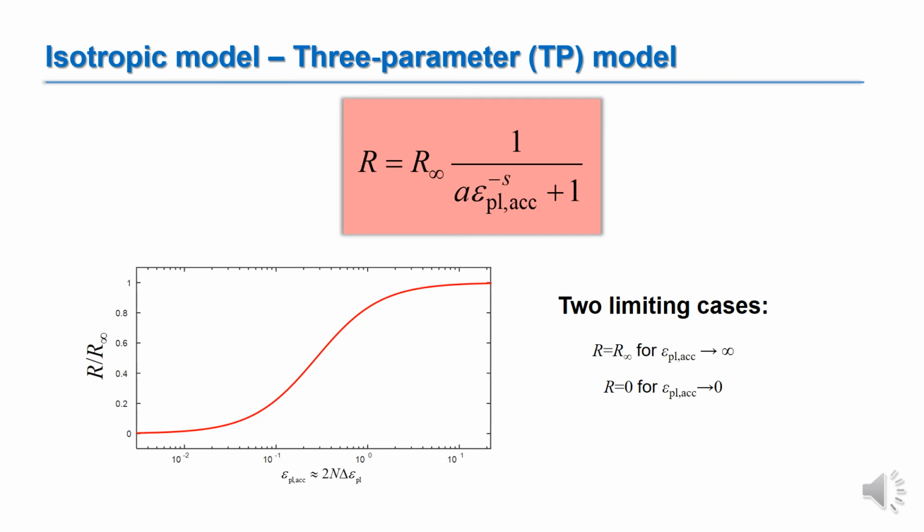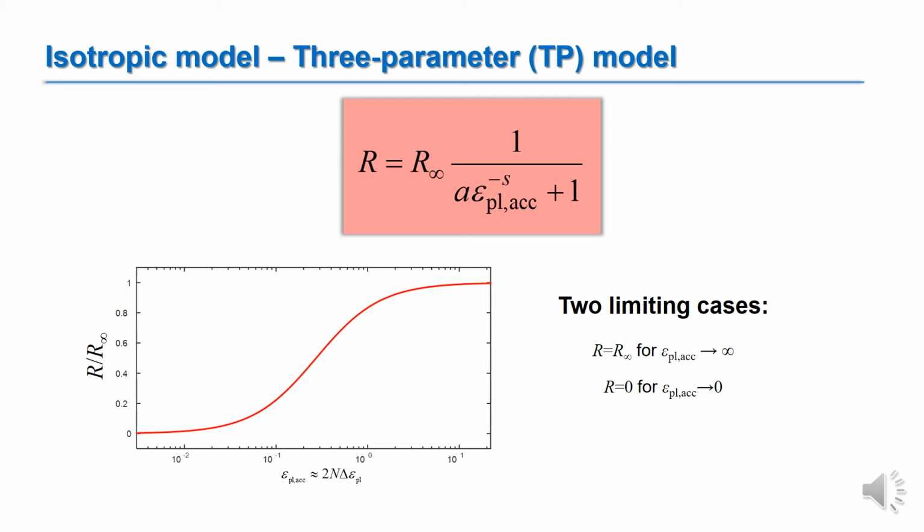Let's say now a few words about the proposed so-called three-parameter isotropic model. The three-parameter isotropic model is described with the following equation, in which R infinite has the same meaning like in the Voce model, and here we have additional two parameters, A and S, that control the rate of cyclic hardening or softening.